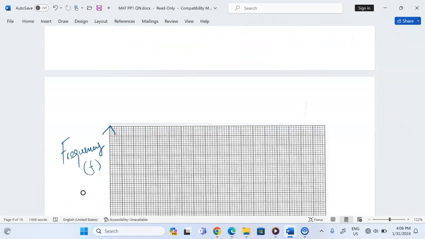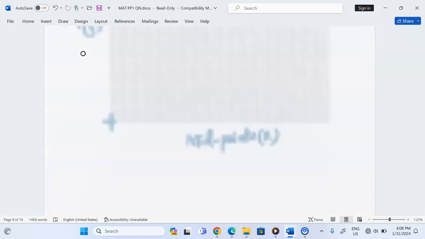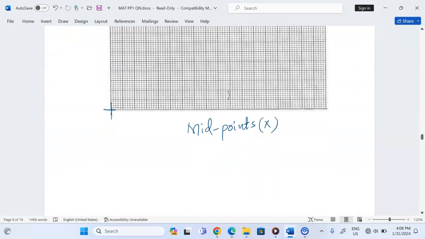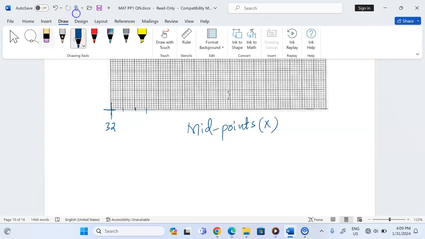Therefore, we can begin from, let me even have before 37, we can even start with 32 at this point, so that now 37 takes this point. We have 37, we have 42, we have 47.